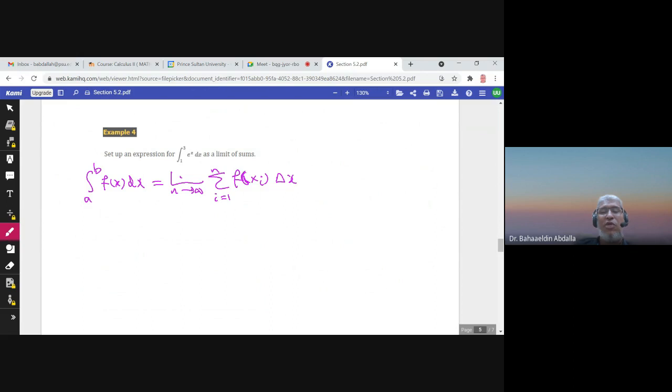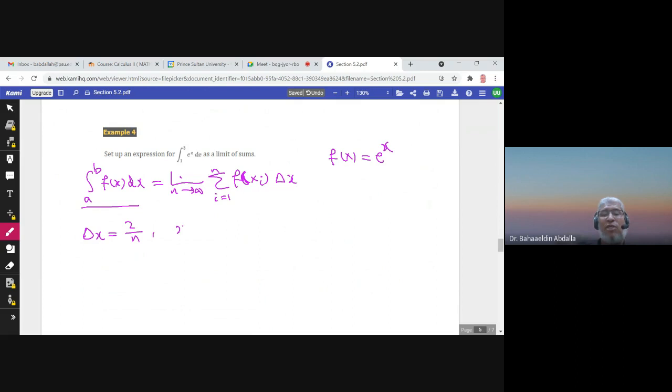So what is the question? Set up an expression for this as a limit. That's it. What is the function here? The function is e to the power x. So what is delta x? b minus a, 3 minus 1, which is 2 over n.